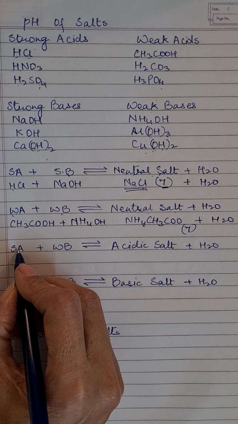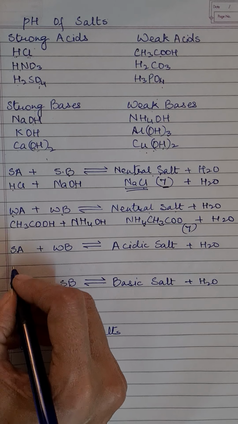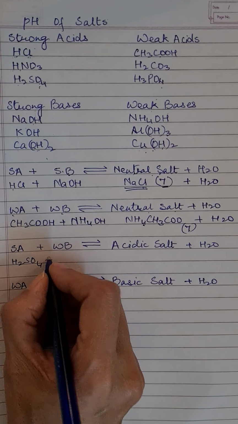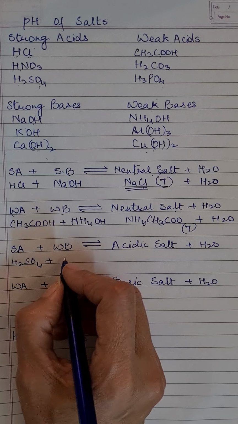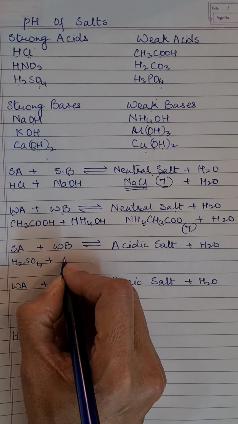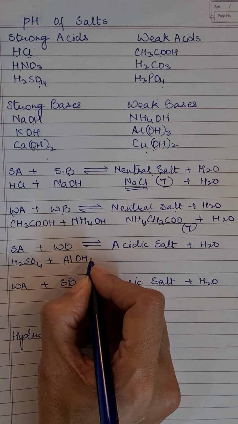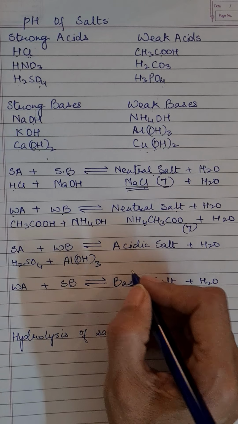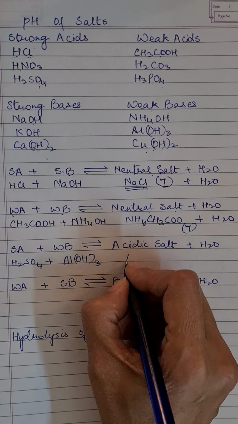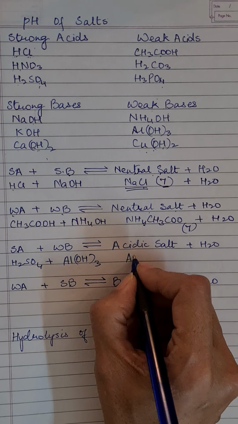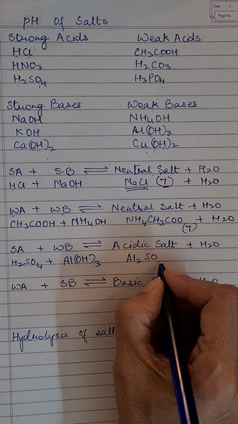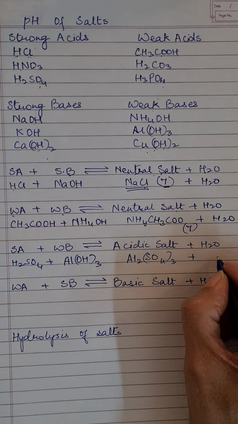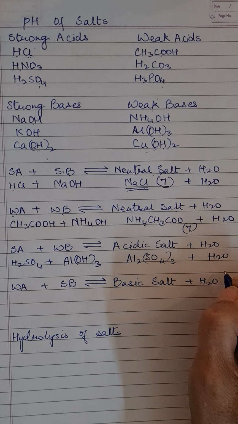Now let's take the example of a strong acid such as sulfuric acid. Now when this combines with a weak base, let's take the example of aluminium hydroxide, this will form an acidic salt, aluminium sulfate, along with water.